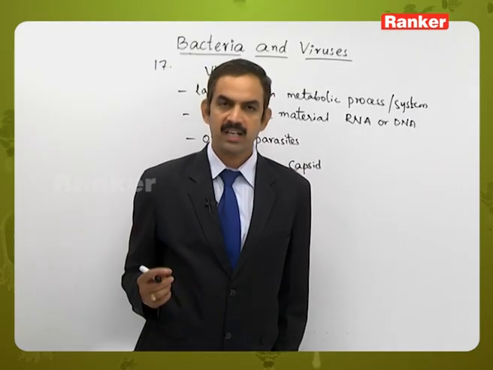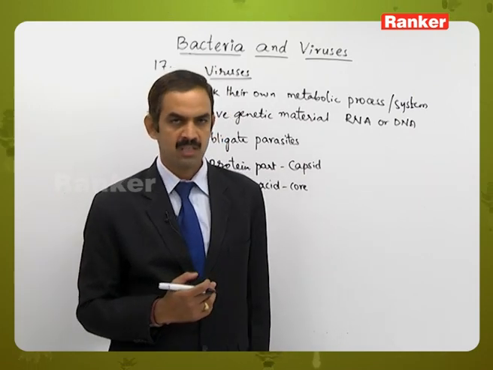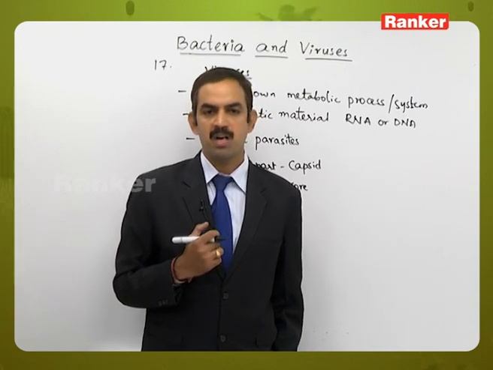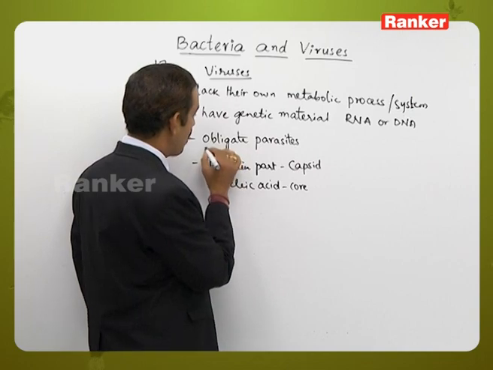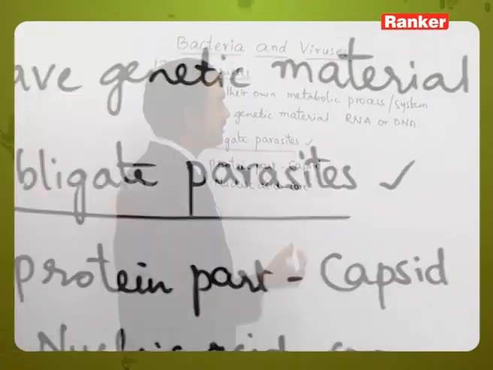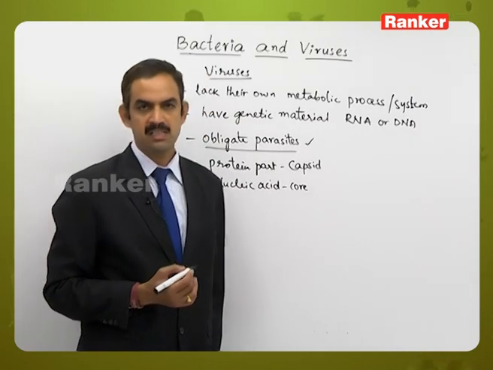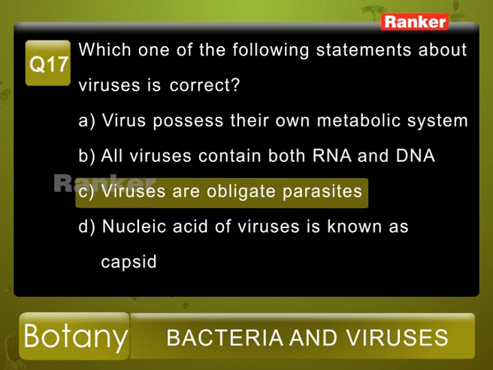The nucleic acid is the central part, present in the core, and surrounding it the capsid, the protein part, will be present. So from the given options, obligate parasites, that is, viruses cannot survive in the absence of a living host, is the correct option. So option C is the correct answer.